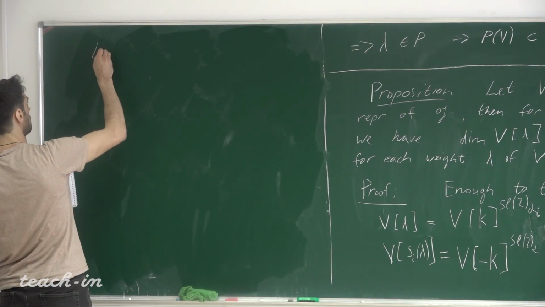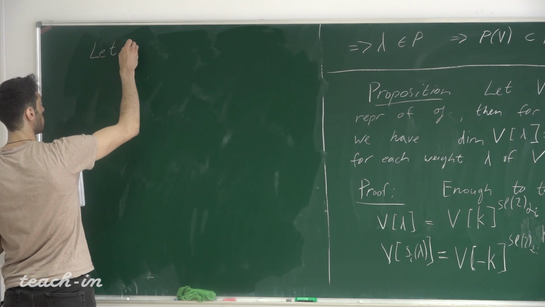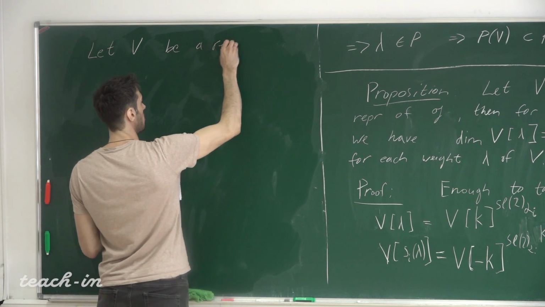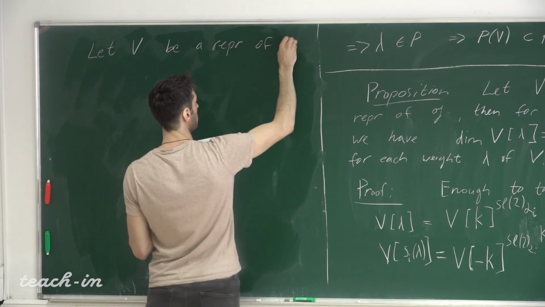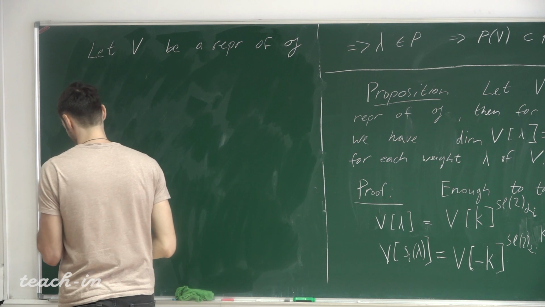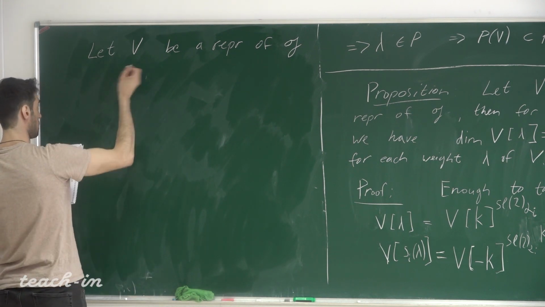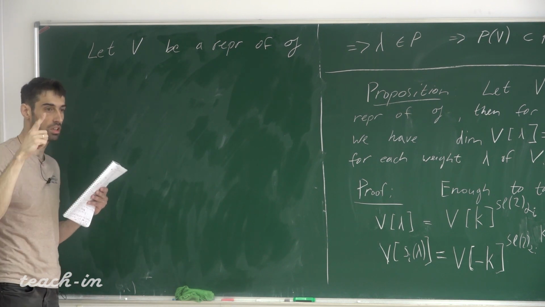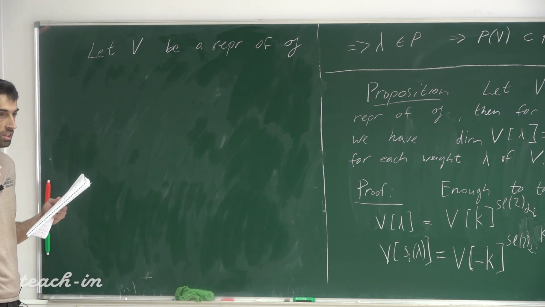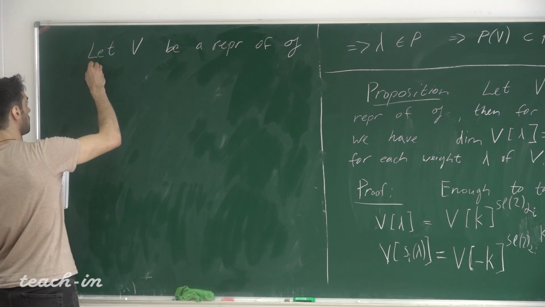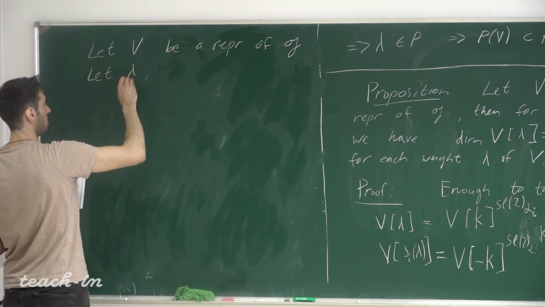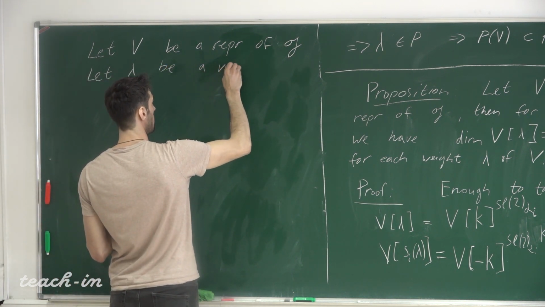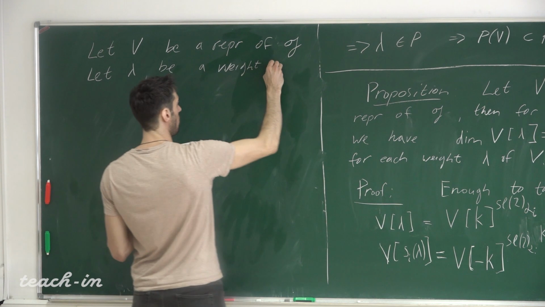Let V be a representation of G, and let lambda be some weight of V. So now we don't require V to be finite dimensional.